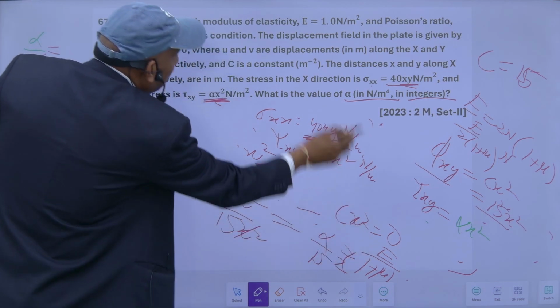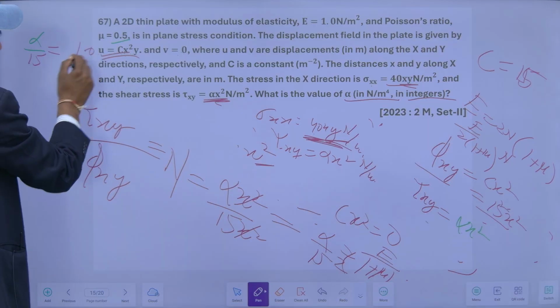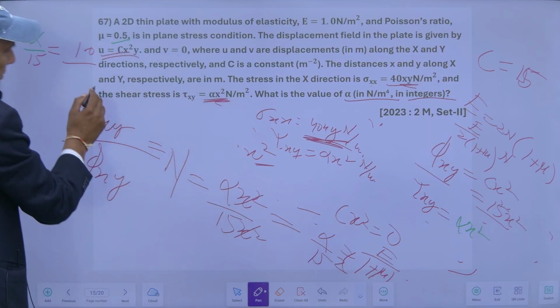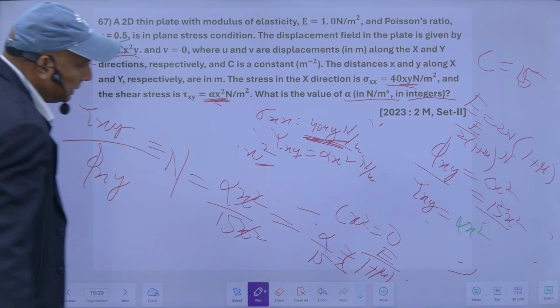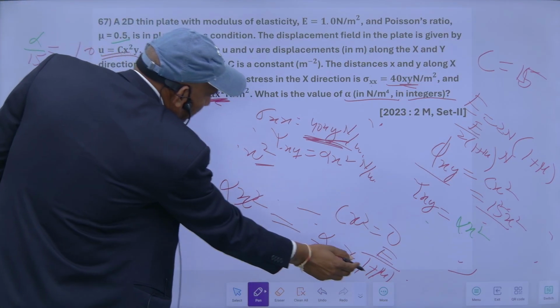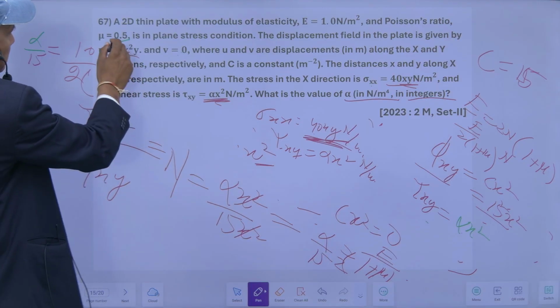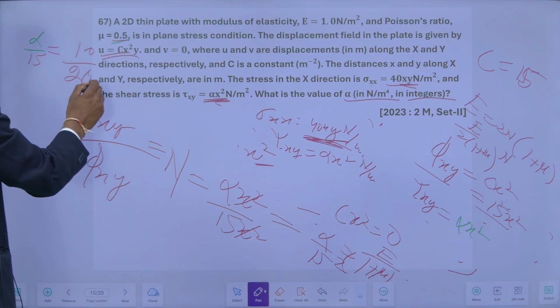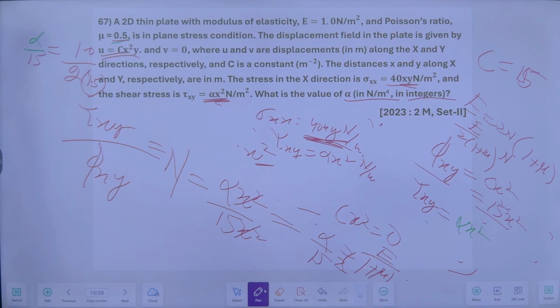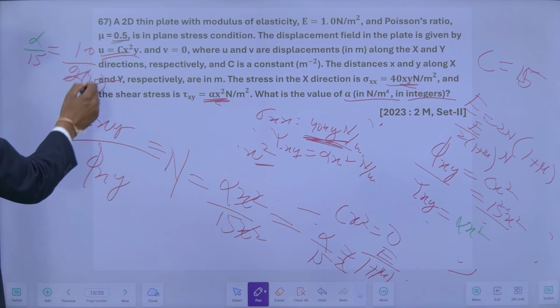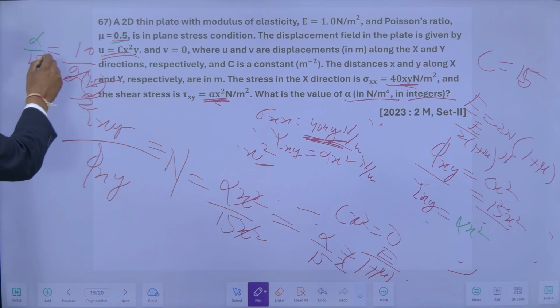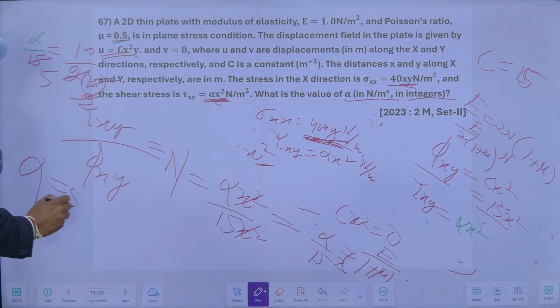What is the value of E? This one, upon 2, and 1 plus mu, means 1 plus 0.5, means 1.5. So this will become 3 into 5, 5 into 1, alpha is equal to 5.